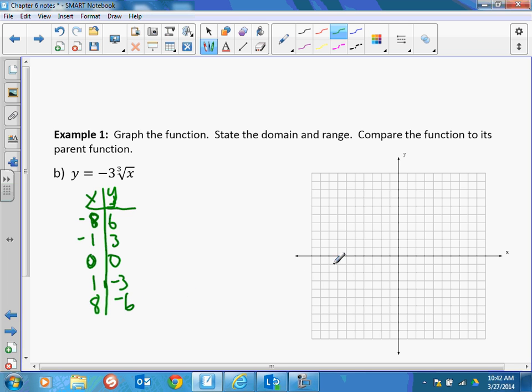Okay, so we have a table so we can graph it. So we got -8, 6, -1, 3, 0, 0, 1, -3, and we have 8 and -6.